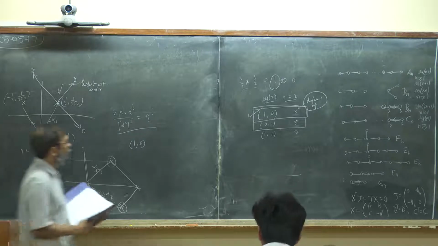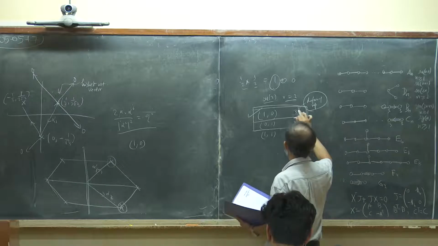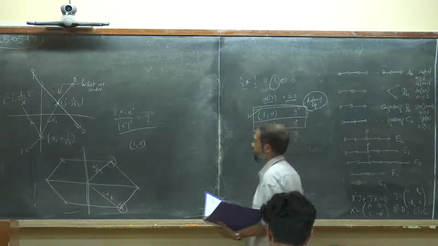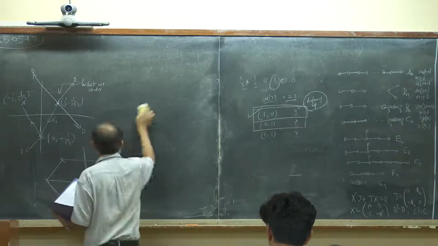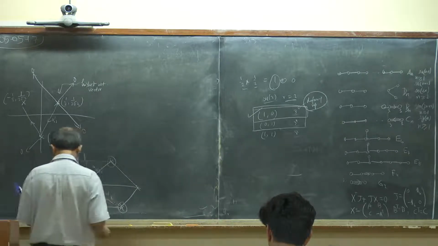So 0, 1 turns out to be the complex conjugate of this representation. For that I have to explain what a complex conjugate representation is.